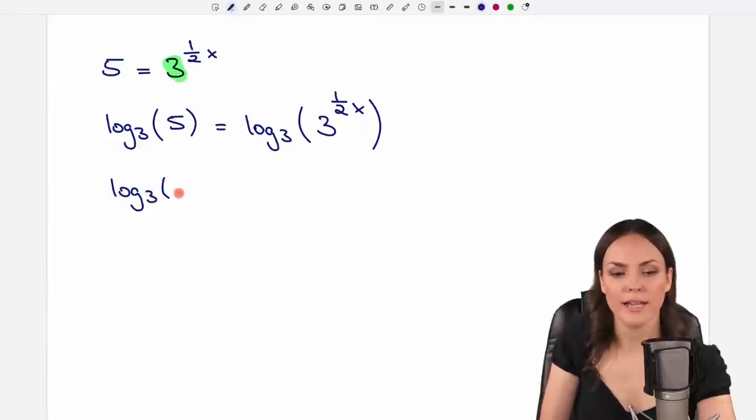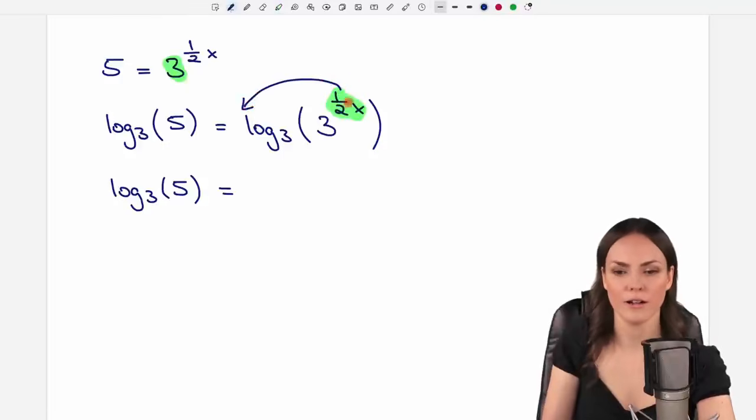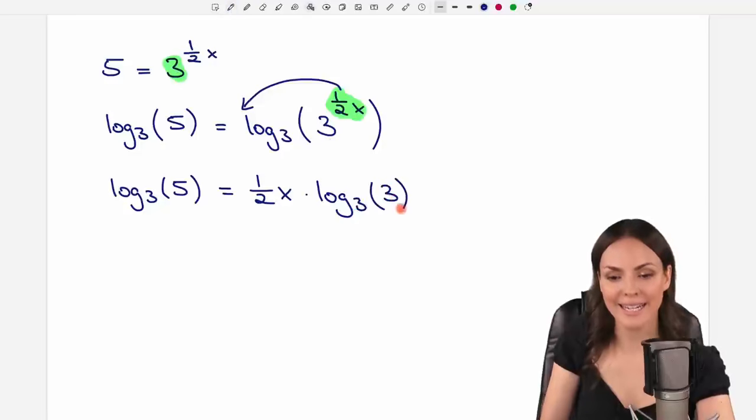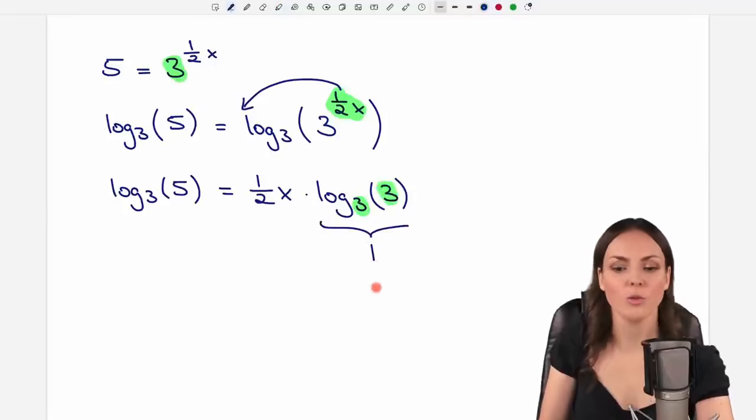We leave it as it is, but on the right side, we apply the rule again that we take the exponent and write it in front of our logarithm. So we have 1 over 2x again and multiply this by this log expression. We only have the 3 left in here again. And we now know that if the base and this number are the same, this whole thing just equals 1.